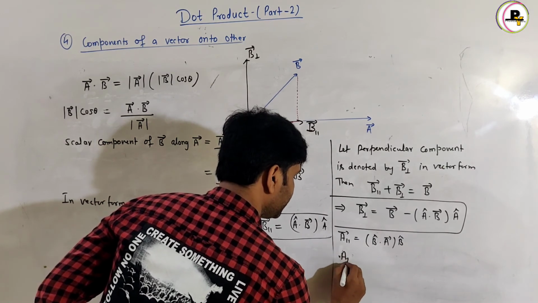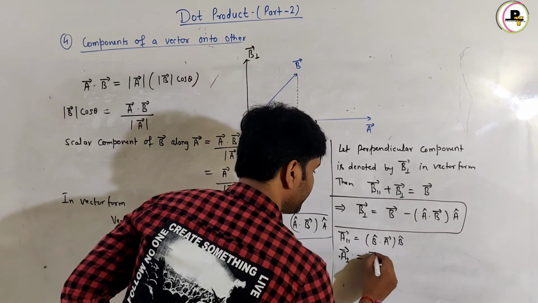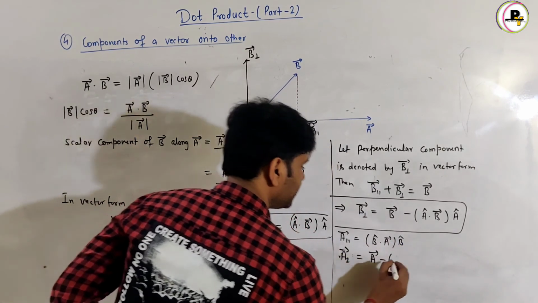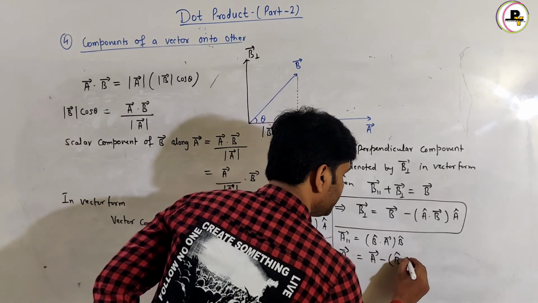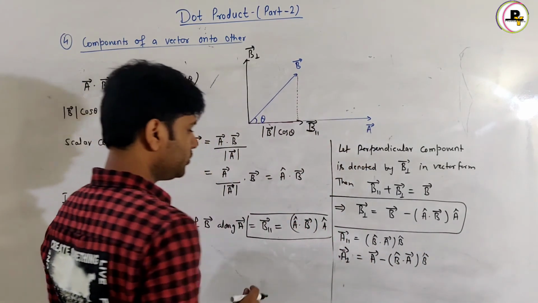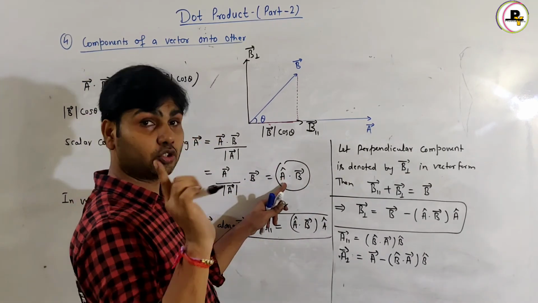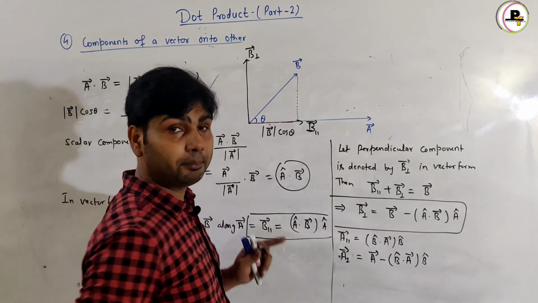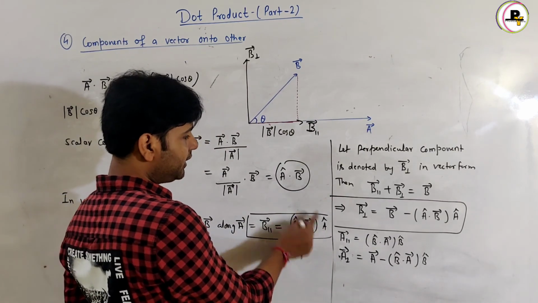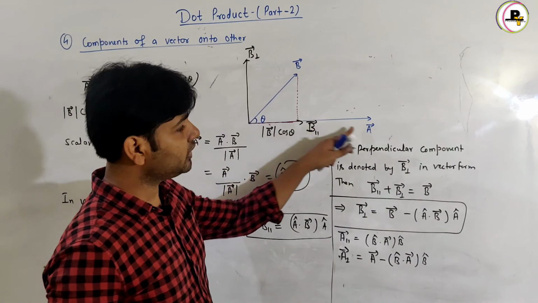A perpendicular vector is equal to A vector minus, in bracket, this term, that is B cap dot A vector, outside B cap. So this is a scalar value because it is the dot product of a unit vector and A vector, but if I multiply this term by B cap, then it will give a vector along the direction of B vector.